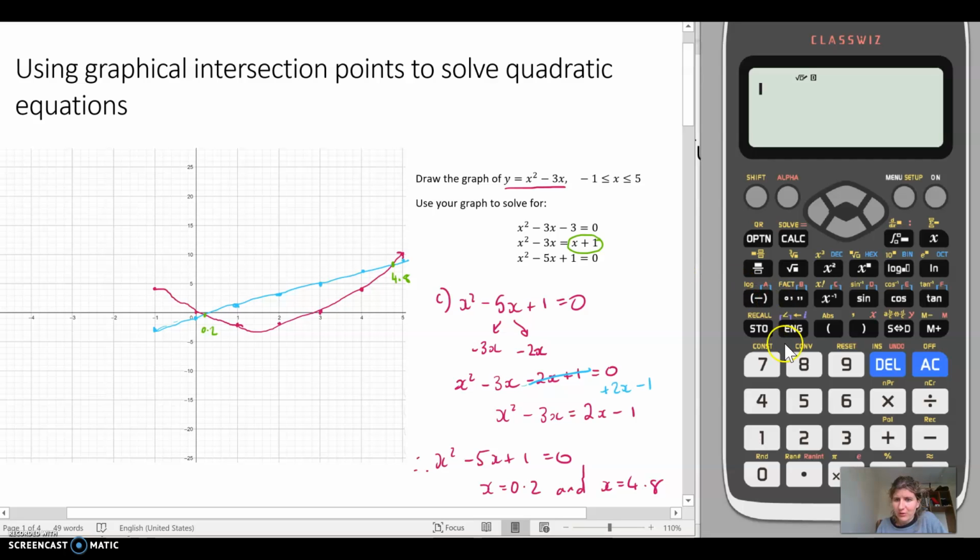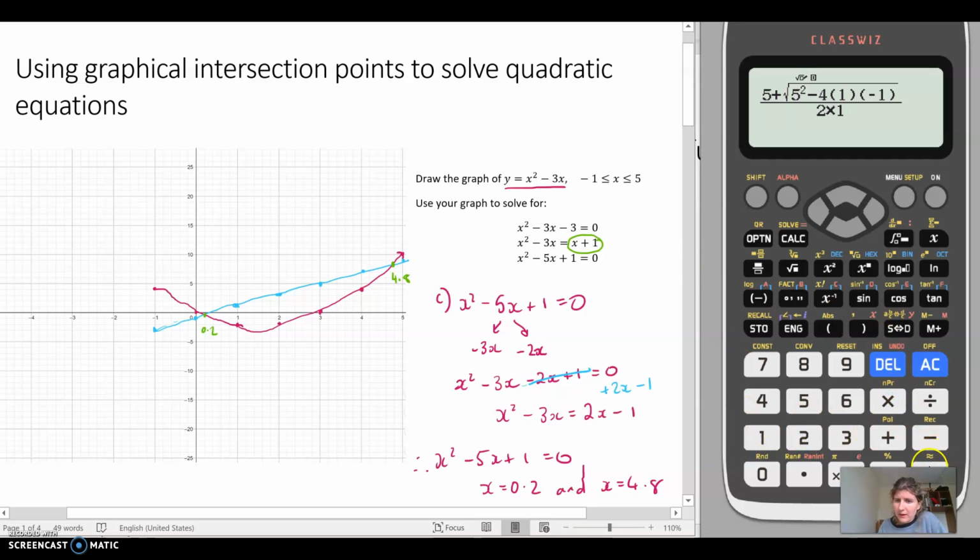So this one here, if we're chucking this into the quadratic formula, we know we've got negative b, so negative 5 is positive 5. Then we're going to go plus the square root of 5 squared minus 4 times 1 times negative 1, all over 2 times 1.